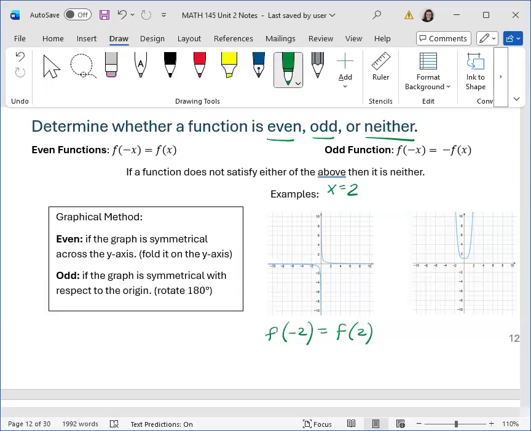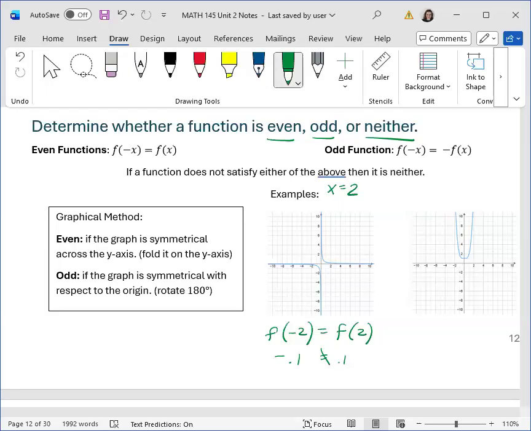So when x is negative 2, that y value looks like it's barely below 0. It's negative, a very small number. So maybe negative 0.1. Okay, that has to be equal to f of positive 2. So when x is positive 2, the y value is a very small but positive number, so maybe 0.1. These are definitely not equal. Therefore, this is not an even function.